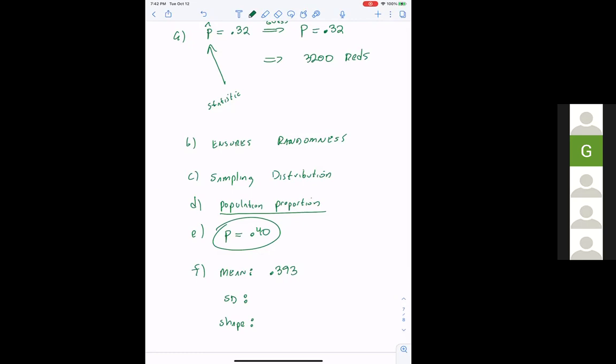So 0.28 one time, 0.32 one time, 0.34 twice, 0.36 twice, 0.38 3 times, 0.4 4 times, 0.42 twice, 0.44 twice, 0.46 twice, 0.48 once, and let's delete that extra number.